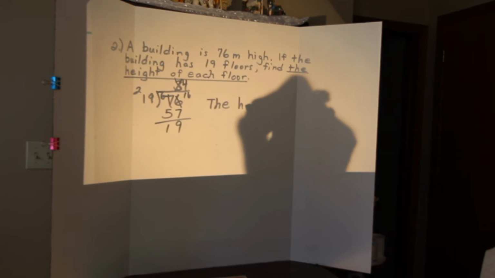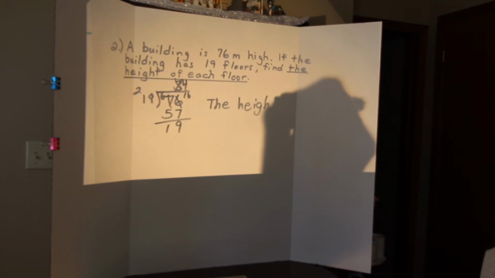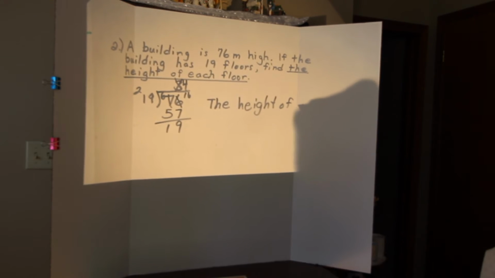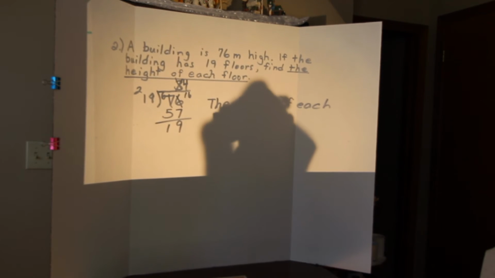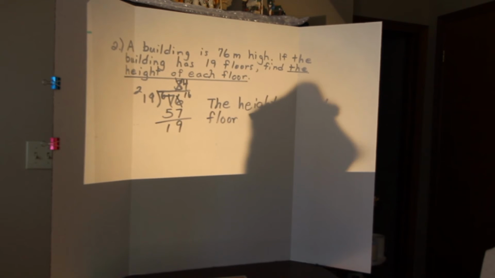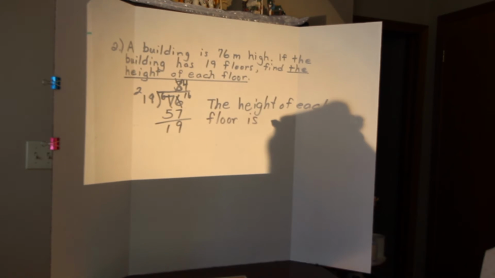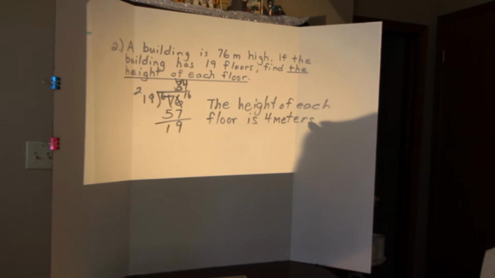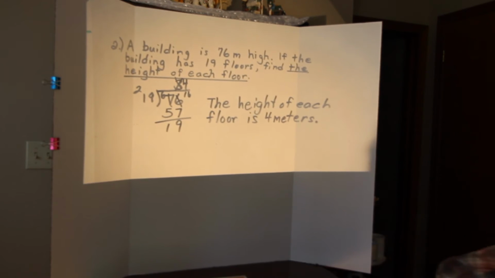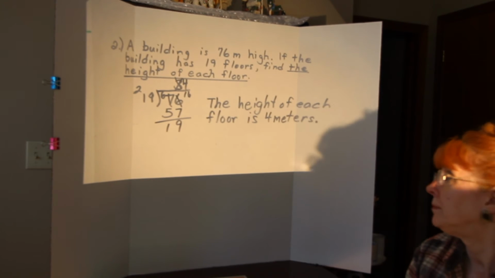Height of each floor is 4. And we're talking about meters, so we're just going to put M for meters, or you could spell it out, whichever. Put a period at the end. Height of each floor is 4 meters.